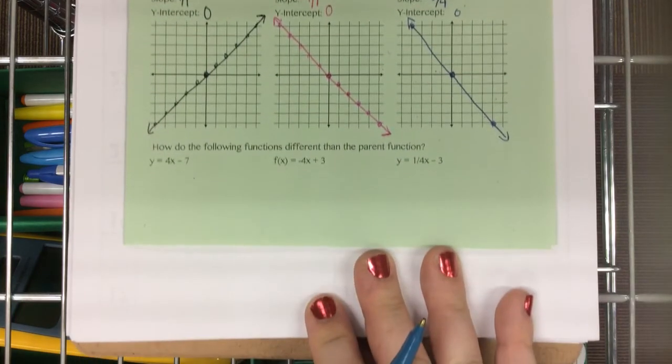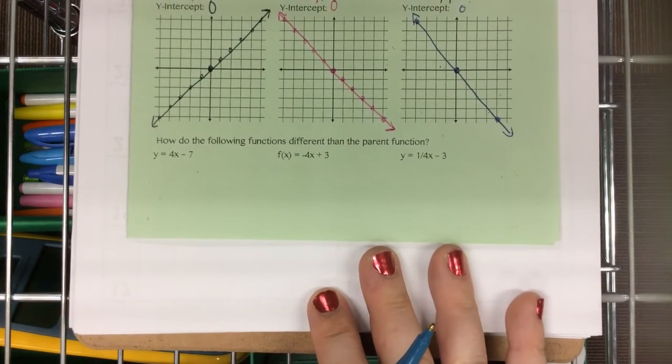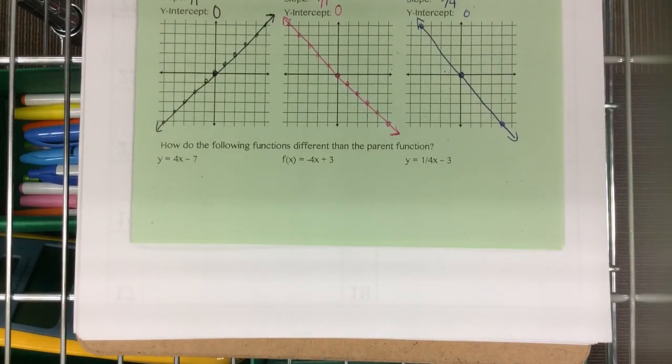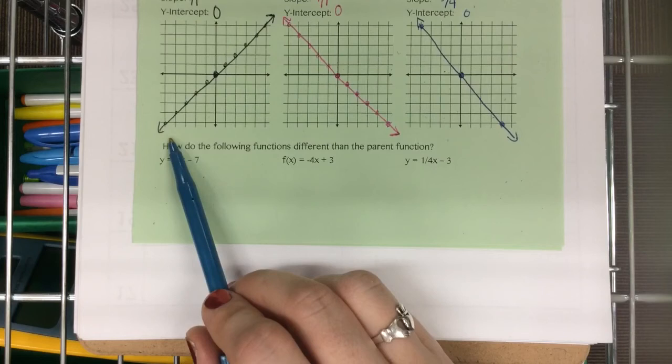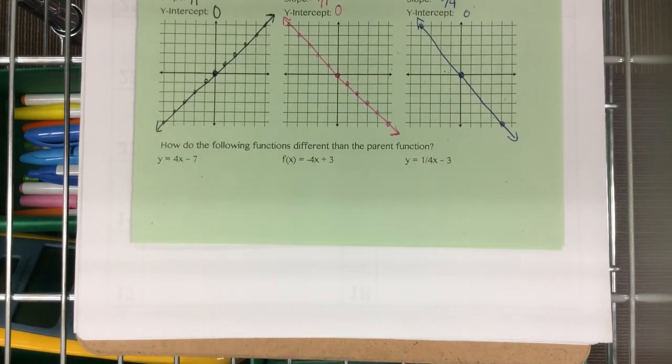So let's talk without graphing. Now that you've seen this via the graph, let's talk it through without graphing it. What's going to happen? How does this compare to the parent function? How does y equals 4x minus 7? There are two things that happen to it. What's one of them, Talon?